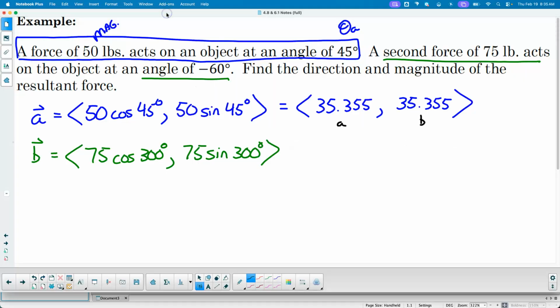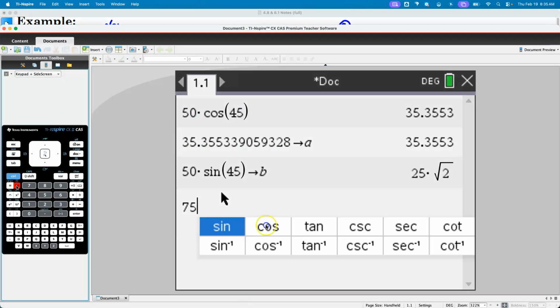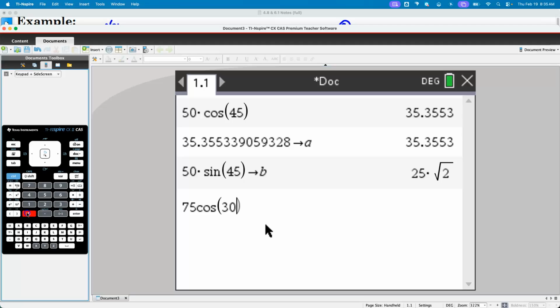Then we've got 75 cosine of 300. Store that as C, 37.5.